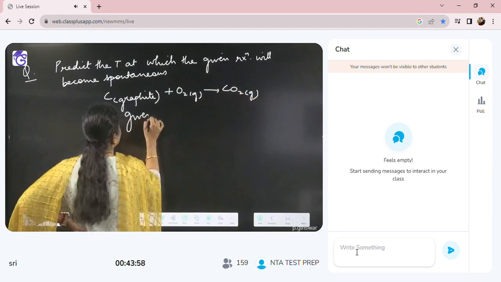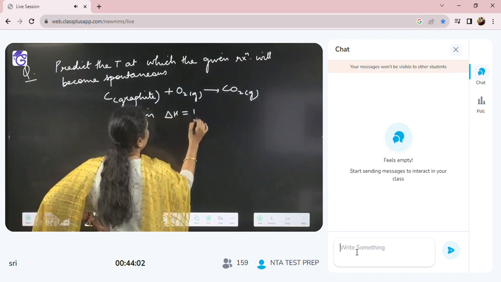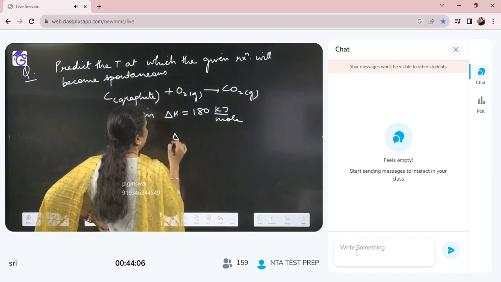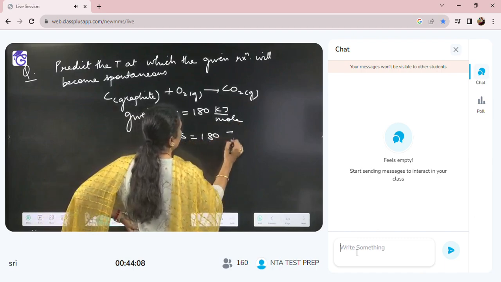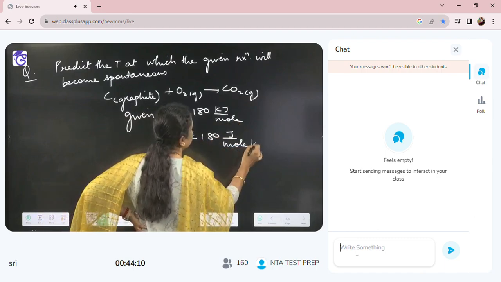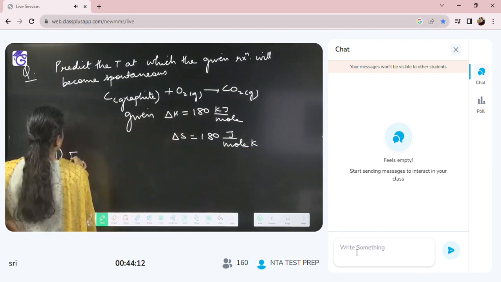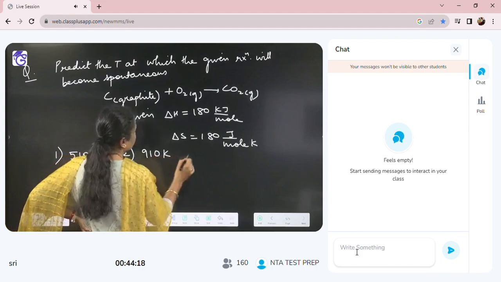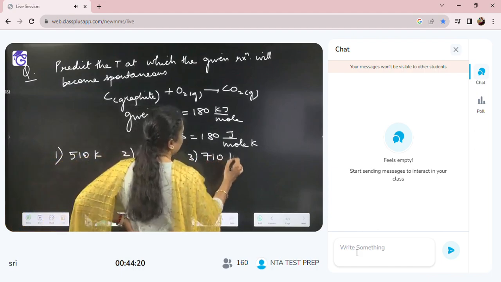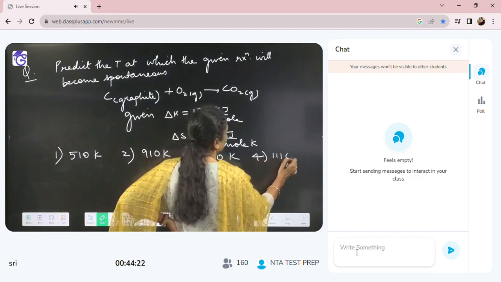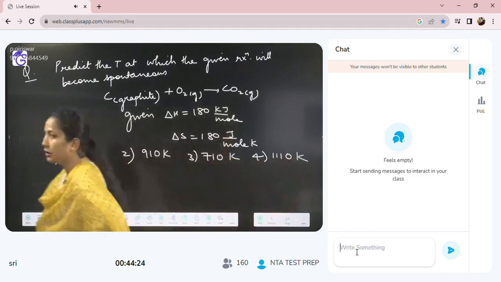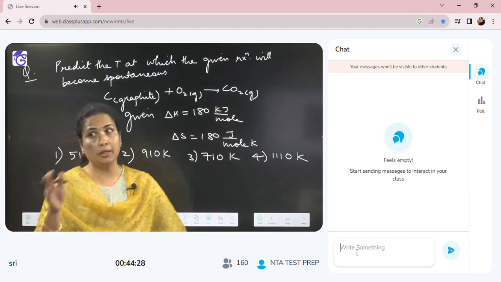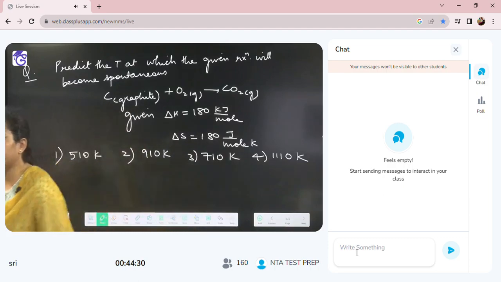Given delta H is 180 kilojoule per mole, delta S is 180 joule per mole Kelvin. I'm giving you certain options also: 510 Kelvin, 910 Kelvin, 710 Kelvin, and the fourth one is 1110 Kelvin. Find it out and let me know. The only hint I'll give you is to first find out the temperature at which equilibrium is there, and accordingly you can decide, right?